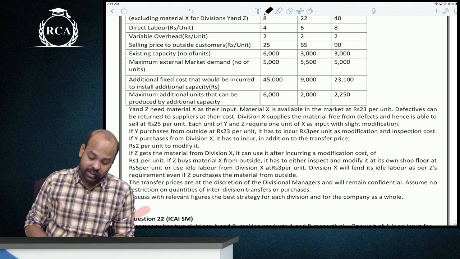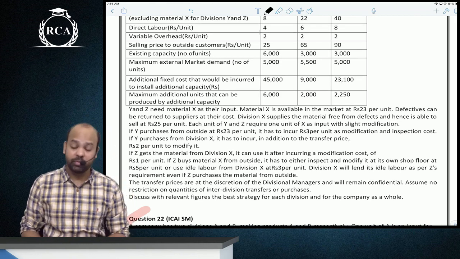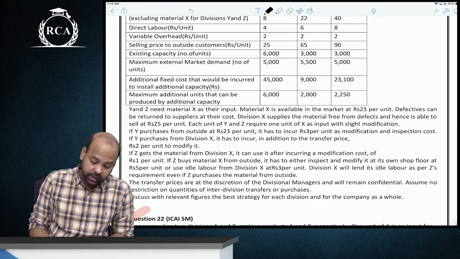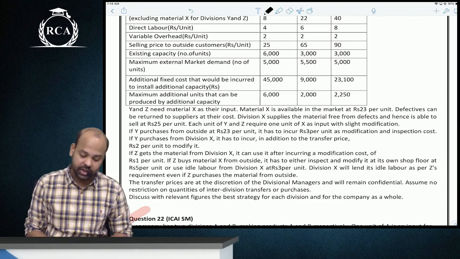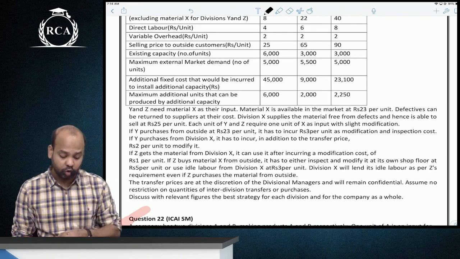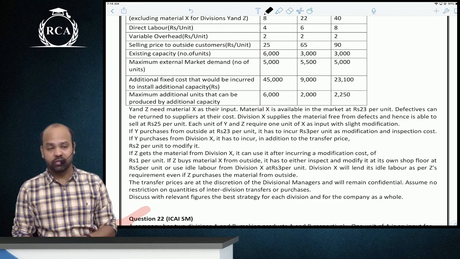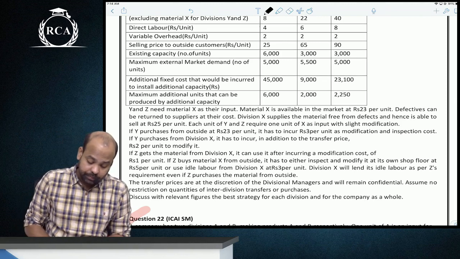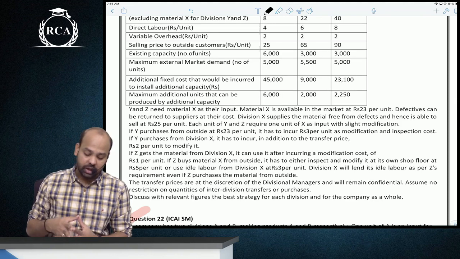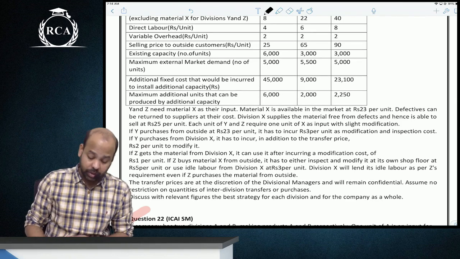If Y is purchasing from outside at 23 rupees per unit, it has to incur a modification and inspection cost of 3 rupees. If Y purchases from division X, it has to incur, in addition to the transfer price, 2 rupees per unit to modify it. If Z gets material from division X, it can use it after incurring a modification cost of 1 rupee per unit.